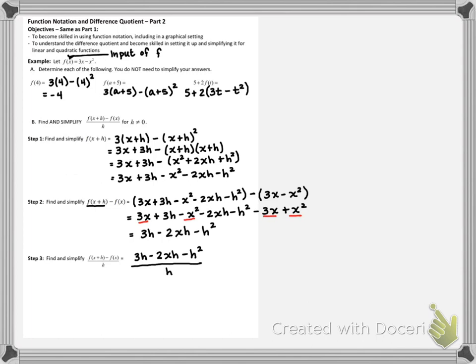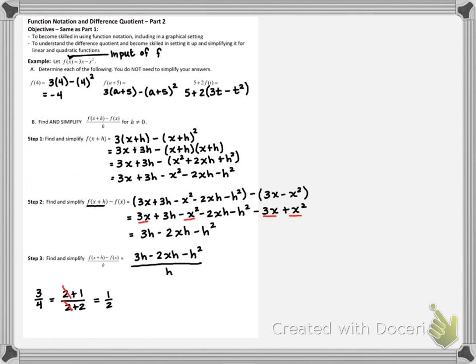Now remember, we cannot just cancel an h because we can't cancel terms, right? Just like if I had 3/4 and I wrote that as 2 plus 1 over 2 plus 2, that does not mean that 3/4 is equal to 1/2, right? Because that's illegal. There's addition between those.